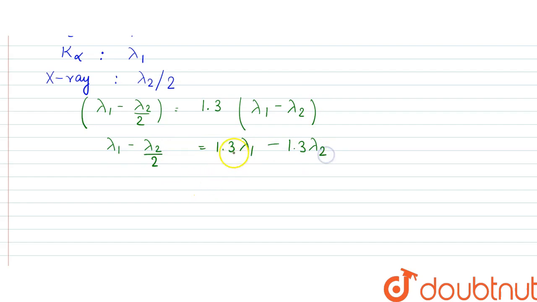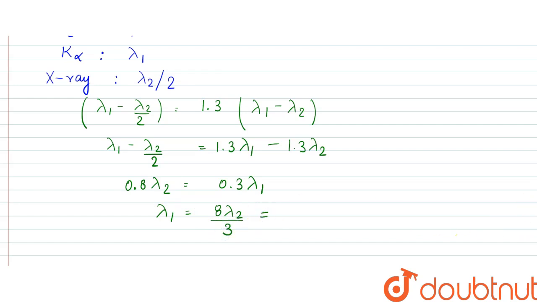When it goes to the other side, it would be 1.3 minus 0.5, which is 0.8 lambda 2, equal to 0.3 lambda 1. So lambda 1 turns out to be 8 lambda 2 by 3.